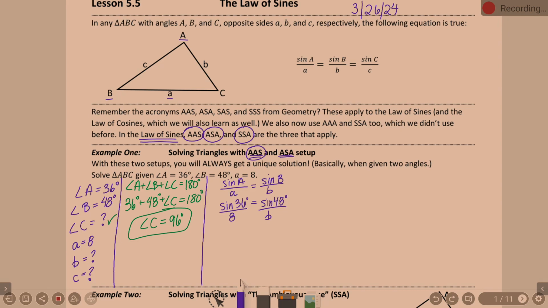Okay, now keeping in mind, sine of 36 degrees, sine of 48 degrees. Those are numbers, yes? I don't know what they are until I plug them in my calculator, but they're numbers, okay? My job is to solve for B. How do I solve for side B here?